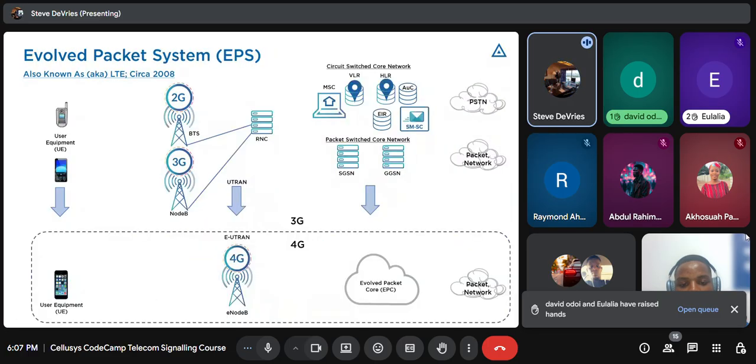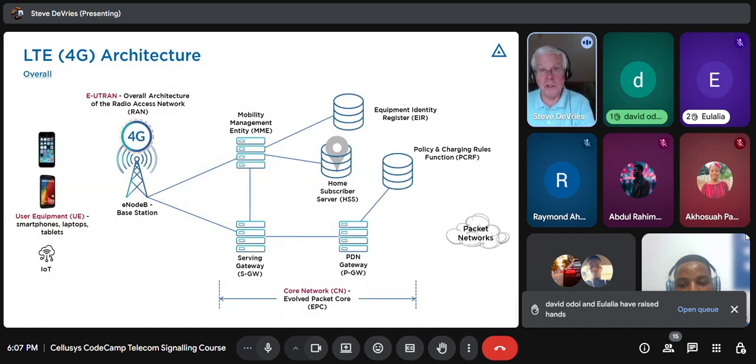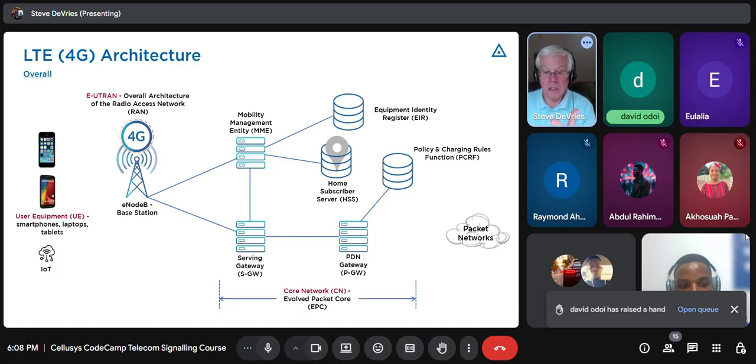You need this right here. Fourth generation, and we're going to talk about this on Friday. Fourth generation is data only. There's no SMS. There's no circuit type services. Fourth generation is data only. So when you need your phone for voice, how do you do it?